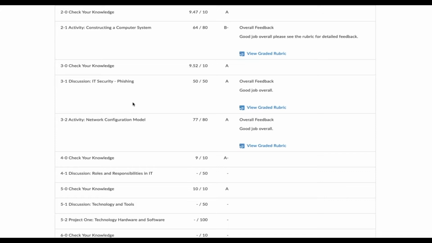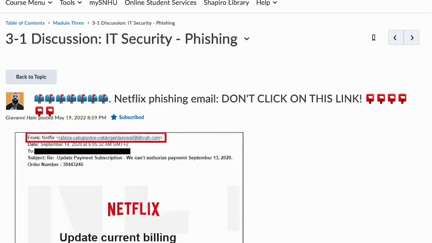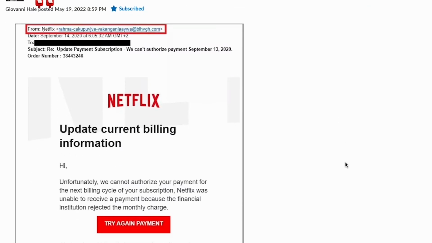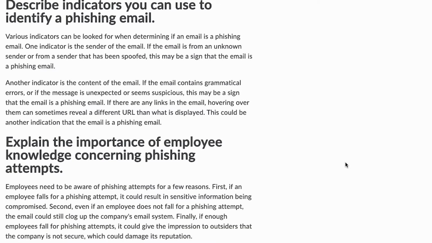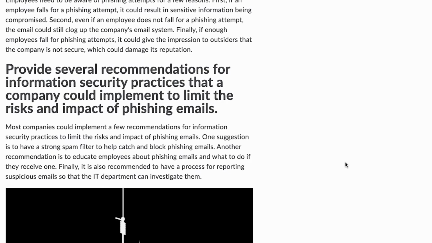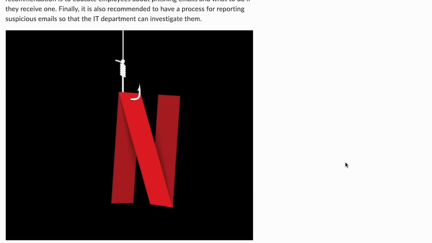Then we have the discussion portion, which is an interesting aspect as well. So this one was on IT security phishing. What I did for mine was that you had to pick a topic, and when you picked that topic, you had to talk about how you would know if it were a phishing attempt. And if you don't know what phishing is, that's okay.